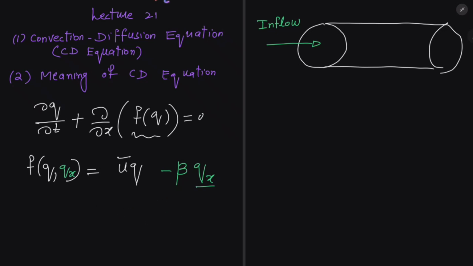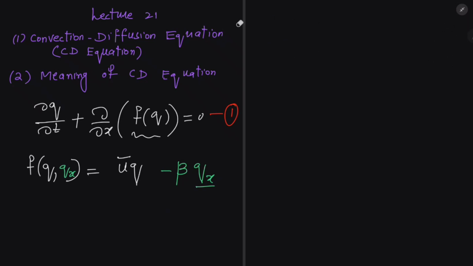So we put this flux into equation 1. So we get partial q by partial t plus partial by partial x of u bar, which is a fixed velocity, times q minus beta partial q by partial x is equal to 0.